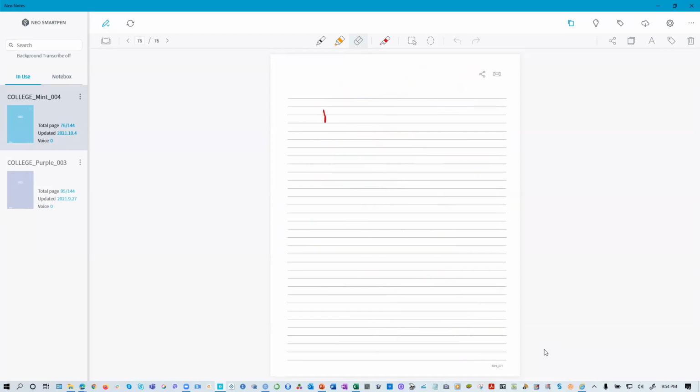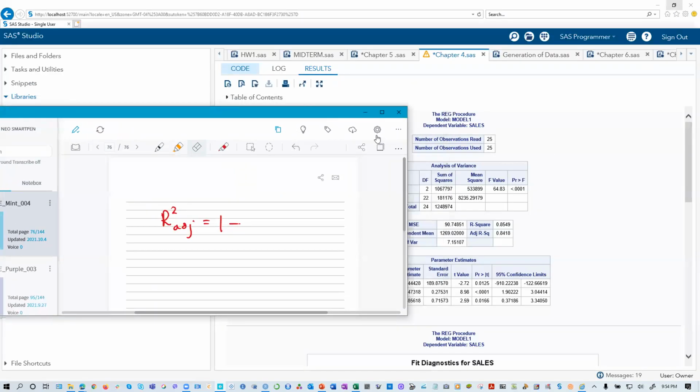In this particular example, look at 1 minus mean squared error. That's how much? 82. 35.29, 179 divided by, I don't have SST. I can get the SST by MST. I don't have MST.